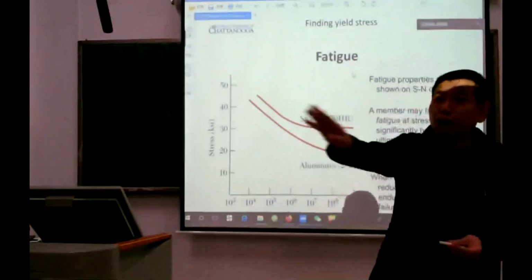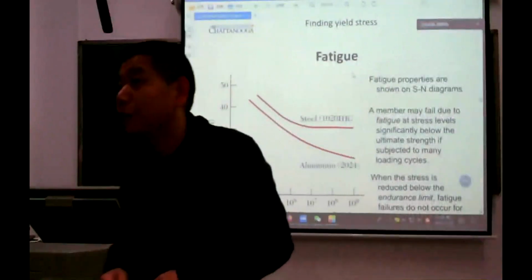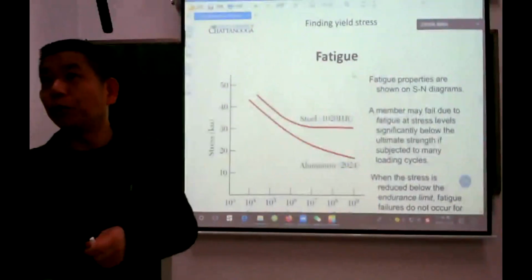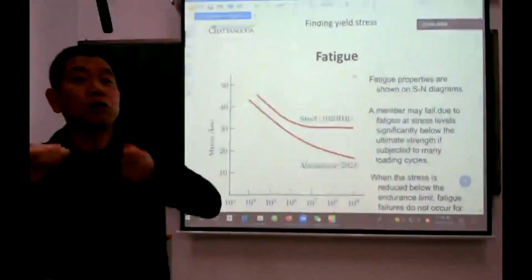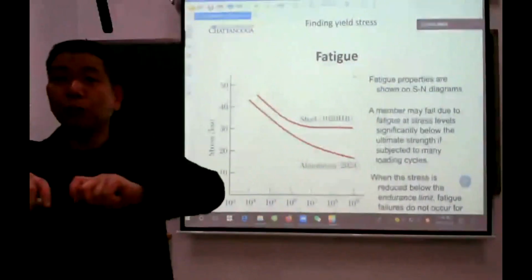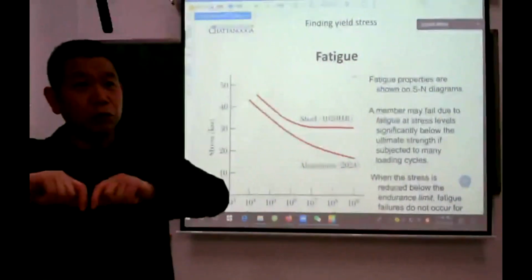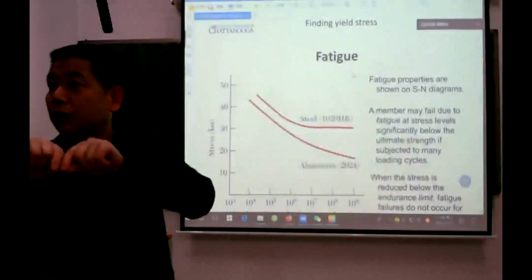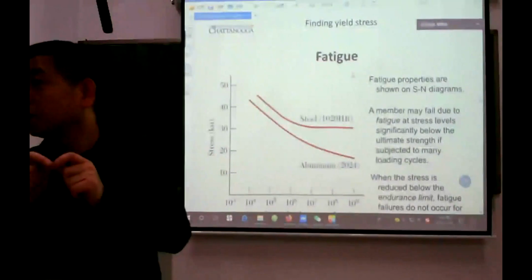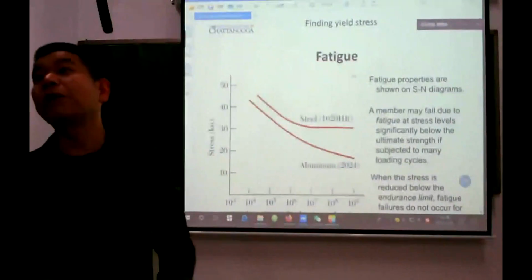I suppose all of you can do it for a very small steel rod. But if you just test it many times, it will break.